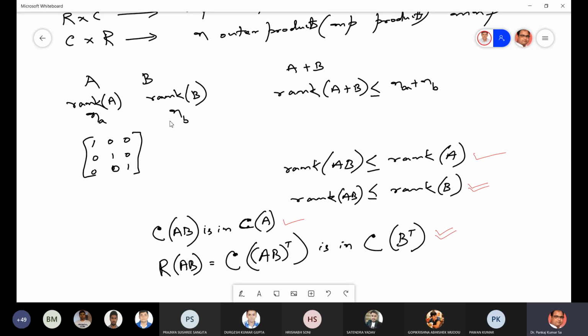The third vector is a multiple of the first one or the second one or a combination of that. But then matrix A has two independent vectors in the three-dimensional space. And matrix B has one independent vector. Now, let me draw it in this way. That would be much better.